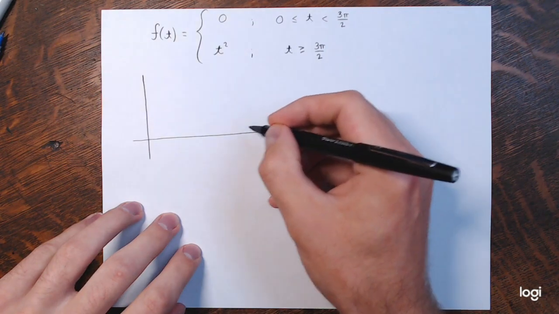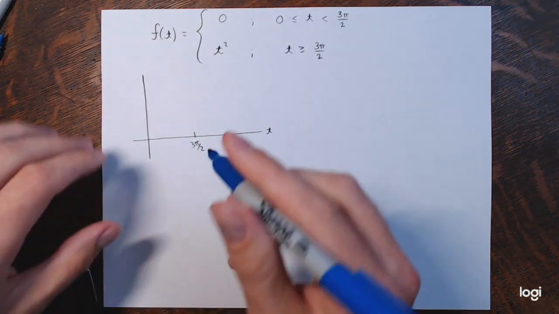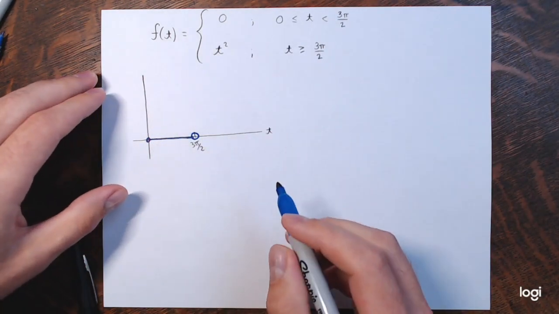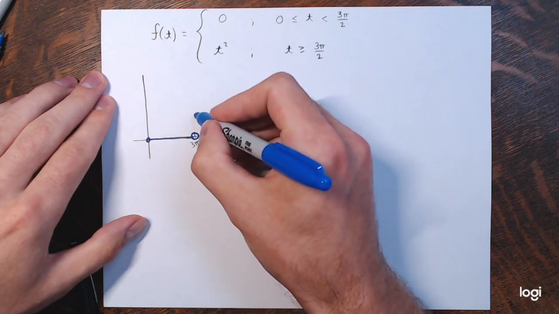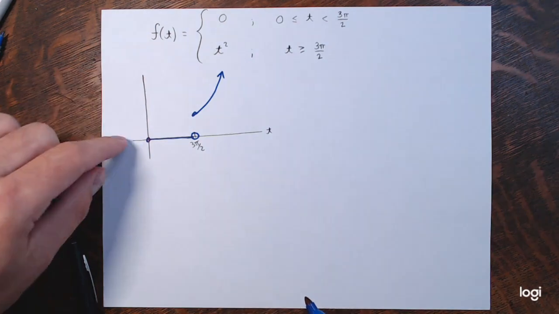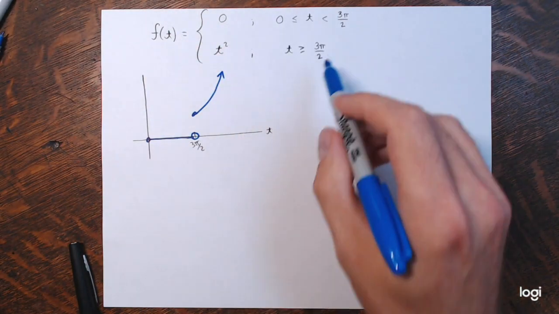Right. If you were graphing, here's 3 pi over 2, and again it's equal to 0 up until 3 pi over 2, and then it's part of the parabola y equals t squared, so part of a parabola from 3 pi over 2 onward.